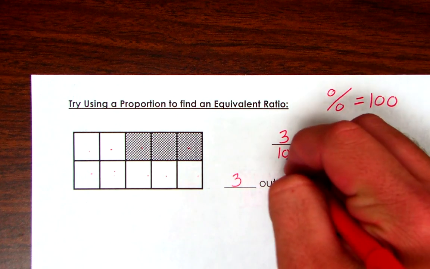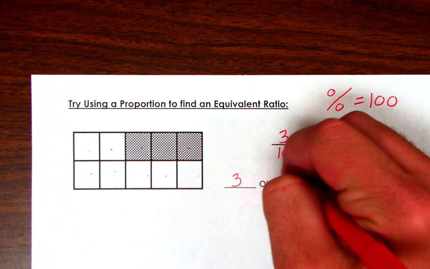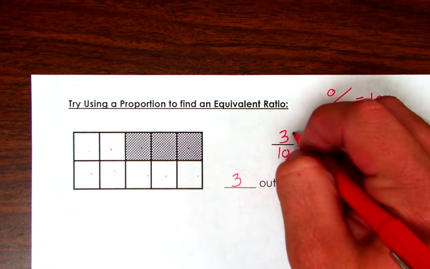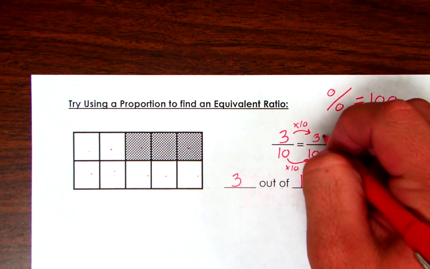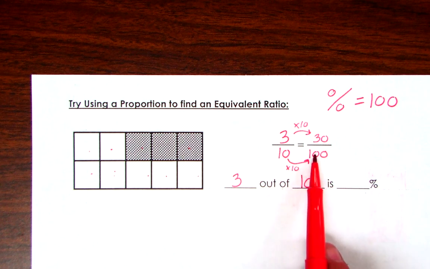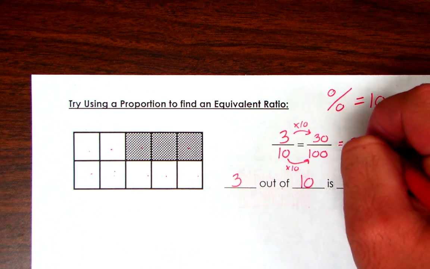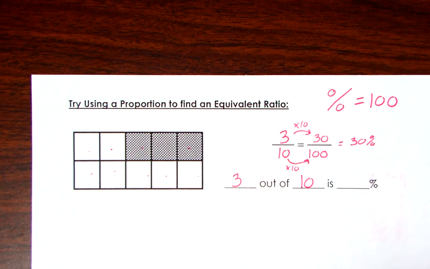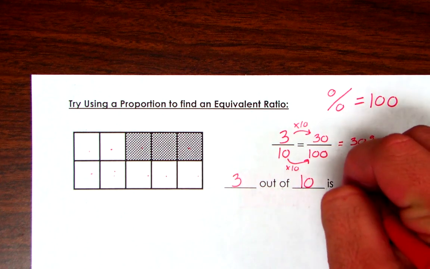To get from 10 to 100, what did you multiply by? Multiplied by 10. So 3 times 10 would be 30. So 30 over 100 is equivalent to 30%. So 3 out of 10 is 30%.